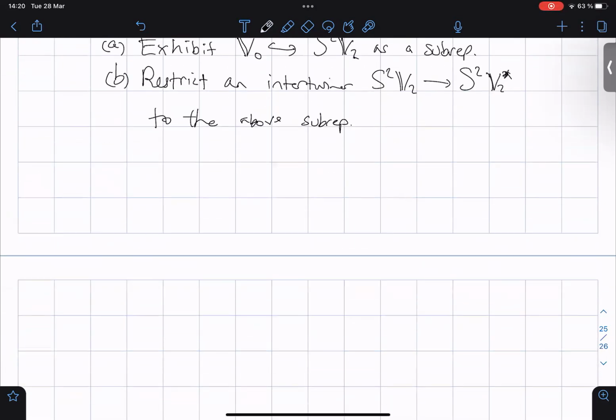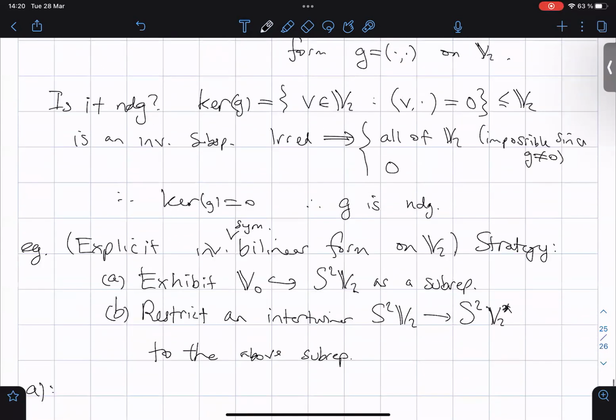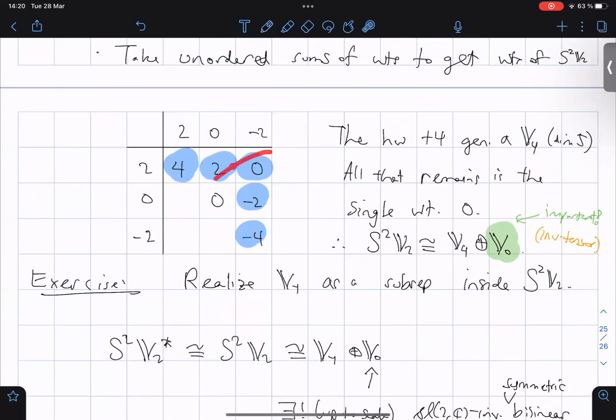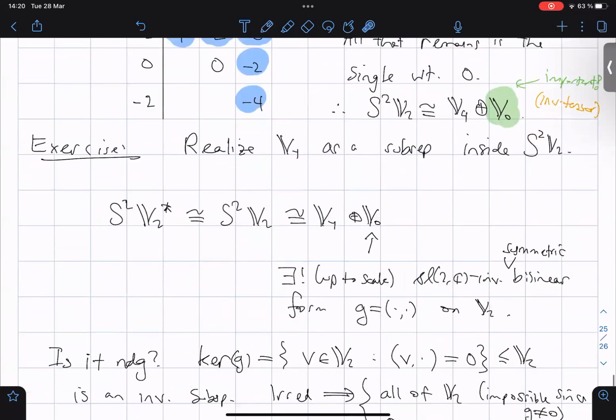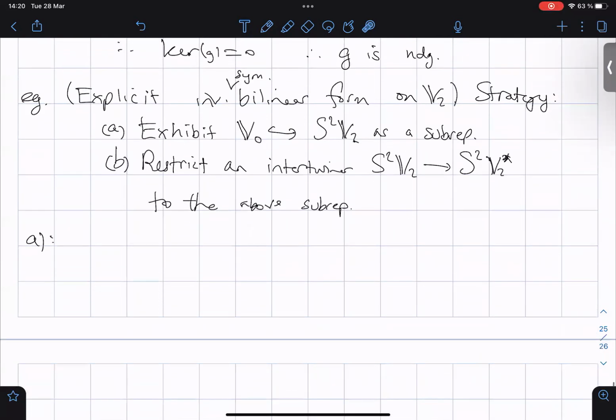Okay, so let's do A first. We are interested in this V0, this zero weight space sitting inside this S2 V2. From our table here, it's two-dimensional. So the zero weight space in S2 V2 has dimension 2.